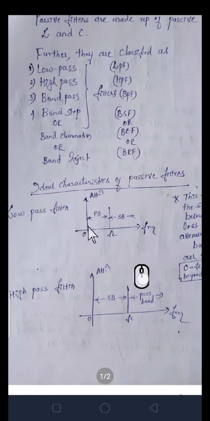This filter allows the transmission of all the signals below the cutoff frequency. Below the cutoff frequency, that is 0 to FC, there are so many signals having these frequencies. Suppose the value of FC is 10 kilohertz, and the frequencies are 0, 1K, 2K, 3K, 4K up to 10K.